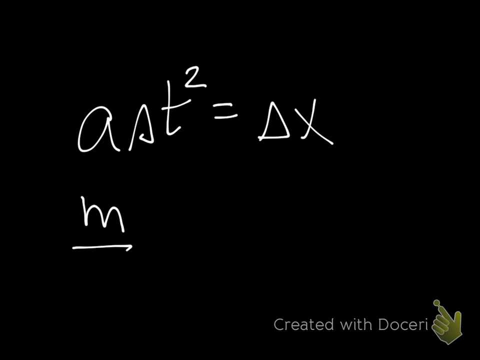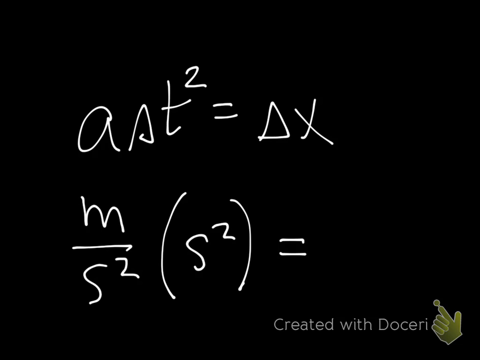So I have meters per second squared times what? Seconds squared. Equals, what's my unit for delta x? Meters. Is this a true statement?